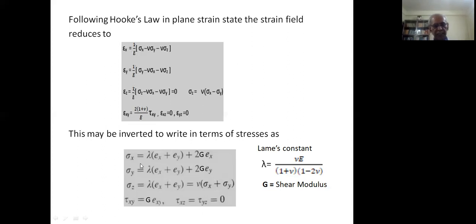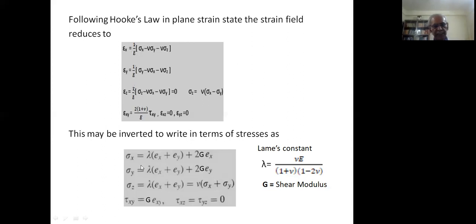But to write the other three equations, you have to look at the first three strain equations, and there are three unknowns and three equations, so they can easily be found out with simple algebraic manipulation.